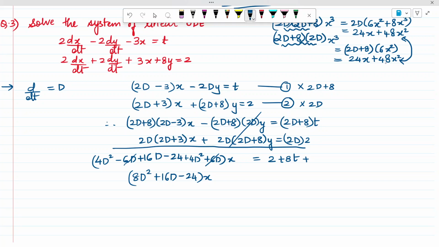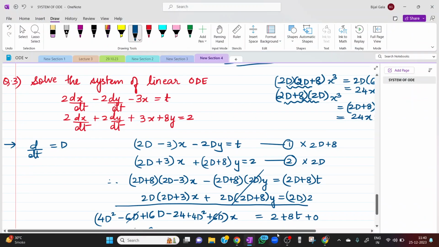So the derivative of 2 with respect to t is going to give me 0. So this is what I will have on the right hand side. Is this okay with everyone? Any difficulties? How did we get the left hand side? How did we get the right hand side? Is this clear? Yes, ma'am.